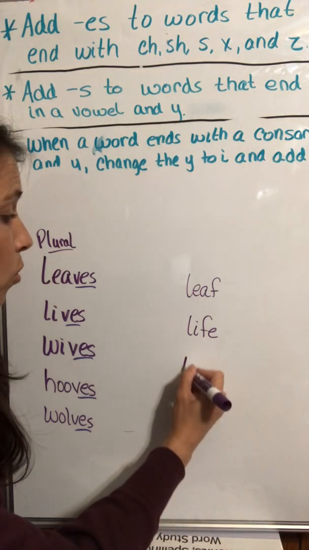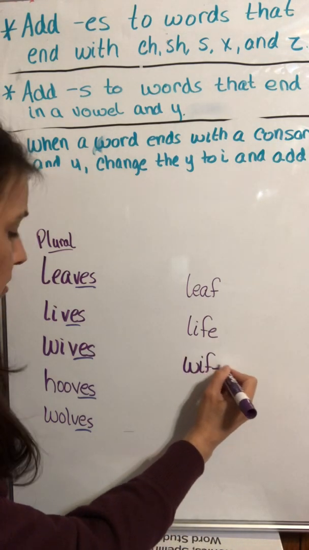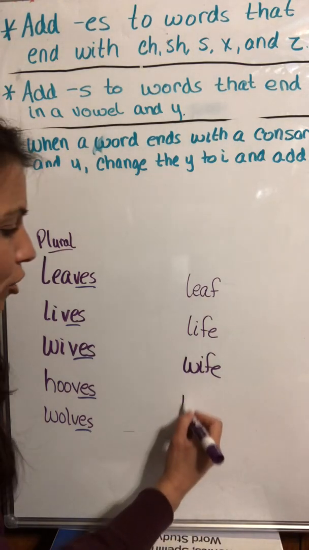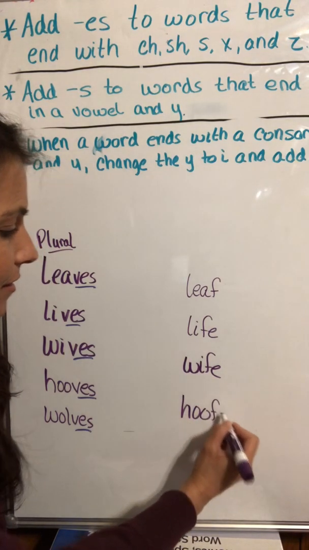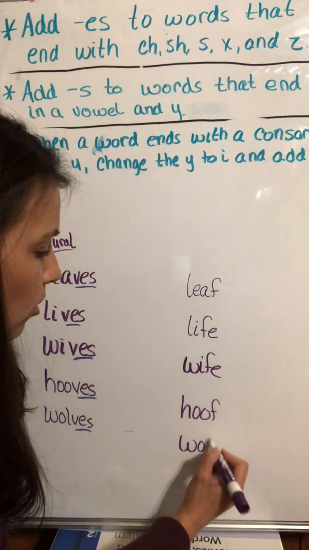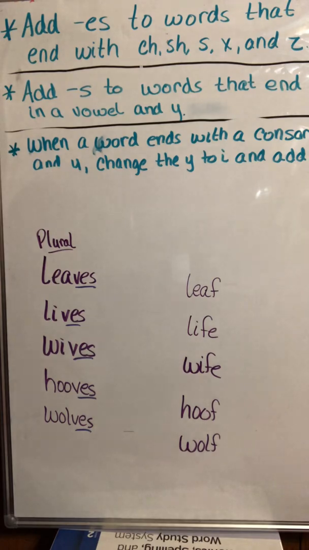Yeah, it'd be wife. What about hooves? Say it again. I know, this one's going to trick you. Yeah, it's going to be hoof. And wolves would be wolf.